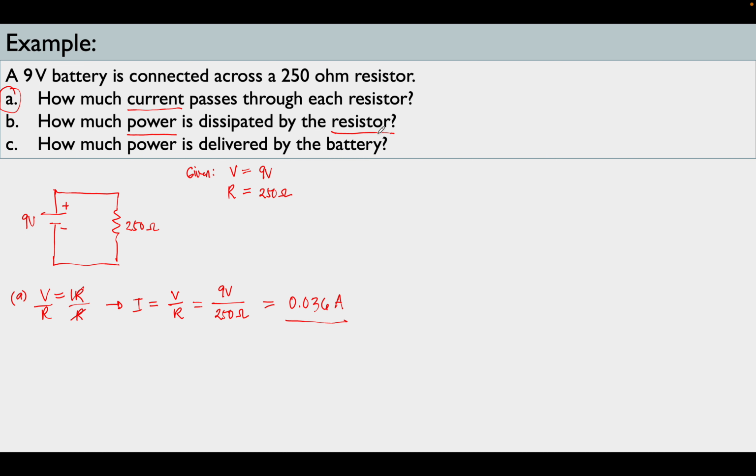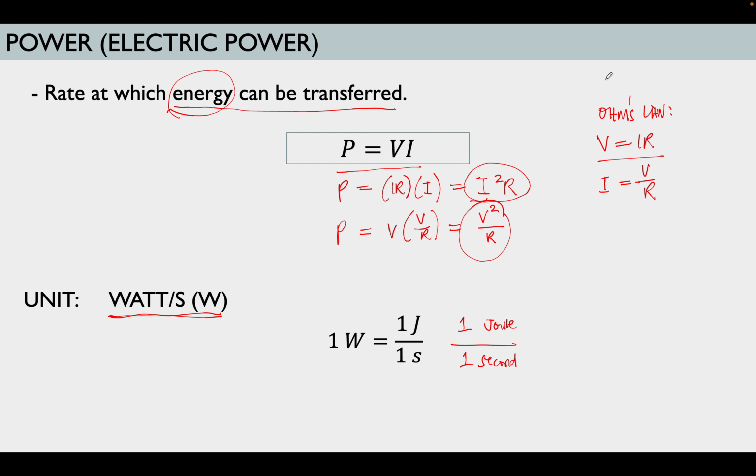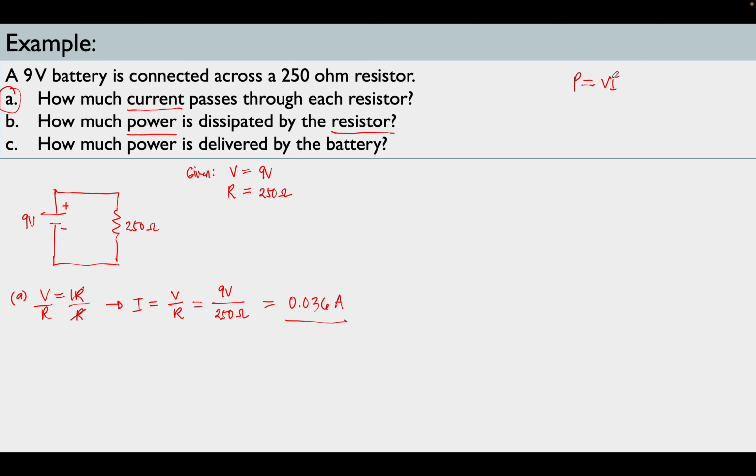So we'll be using the value of the resistance to solve for power. For our previous equation for power, we have 3 equations for power. We have P is equal to VI, V times I. We also have P is equal to I squared R, and P is equal to V squared over R. Here, we are asked to solve for the power dissipated by the resistor.